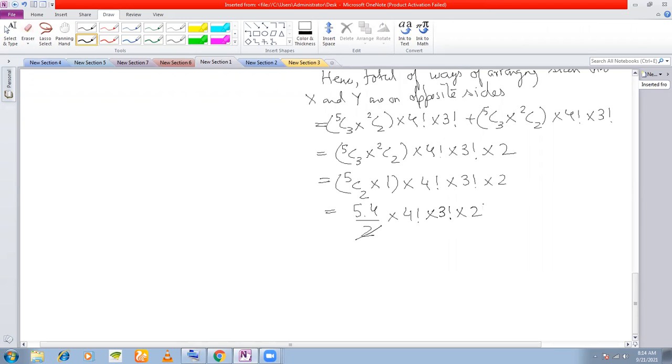So this 2 and this 2 cancel. So you simply get 5 into 4 into factorial 4 into factorial 3. Now you can multiply here and calculate the number of ways. Okay. And move on to the next one then.